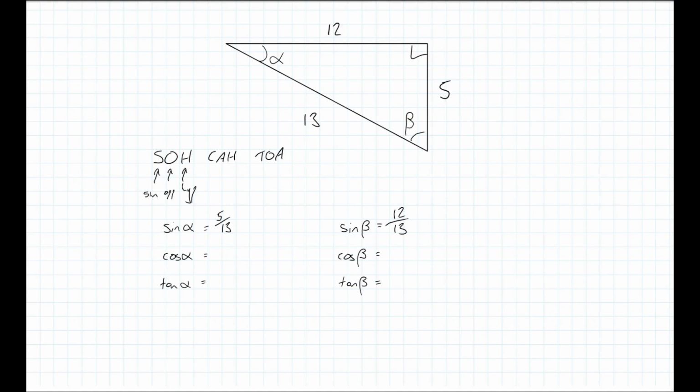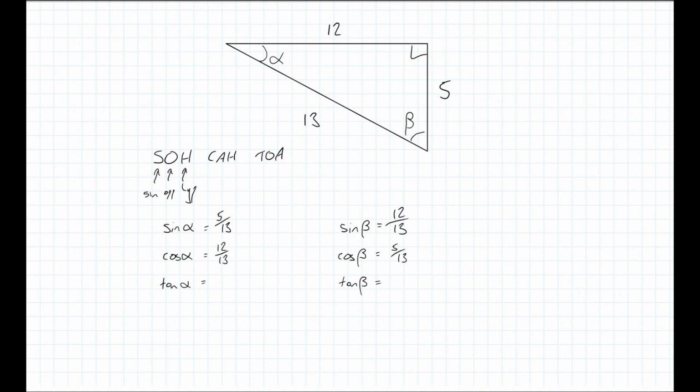So I'm going to do 12 over 13 for cos of alpha, because 12 is the adjacent side, 13 is the hypotenuse if I'm looking at the angle alpha. If I wanted to do the cosine of beta, I would be doing 5 over 13, because 5 is the adjacent side to beta. Notice how the hypotenuse never changes.